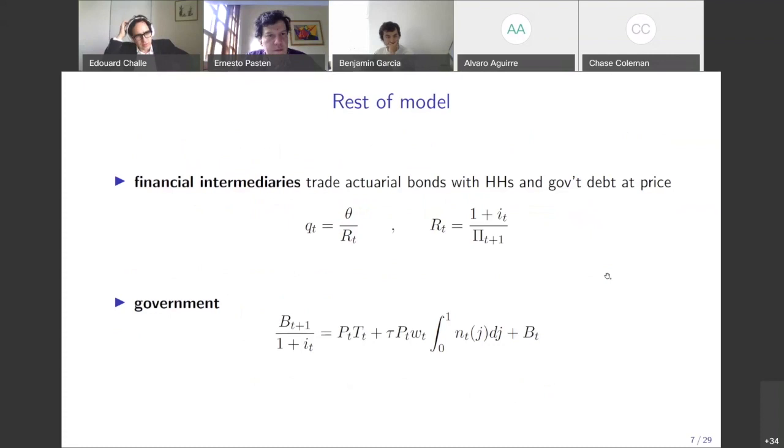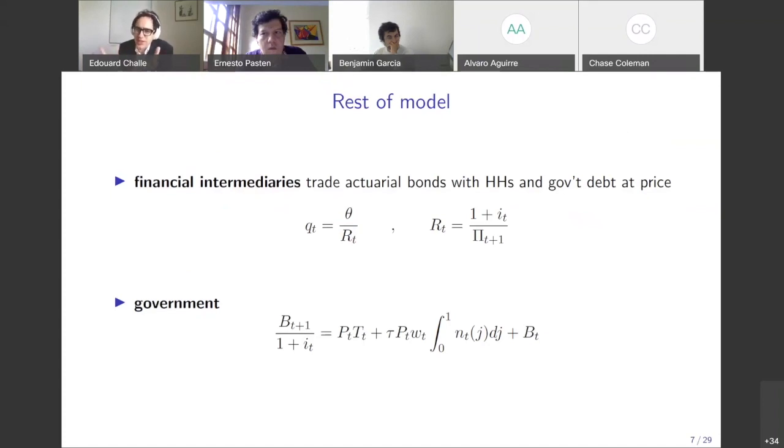There are financial intermediaries that basically hold the nominal bonds and also trade the real bonds with the households. The reason we assume this is that we need those actuarial bonds, as is often the case in the Blanchard-Yaari type of model.